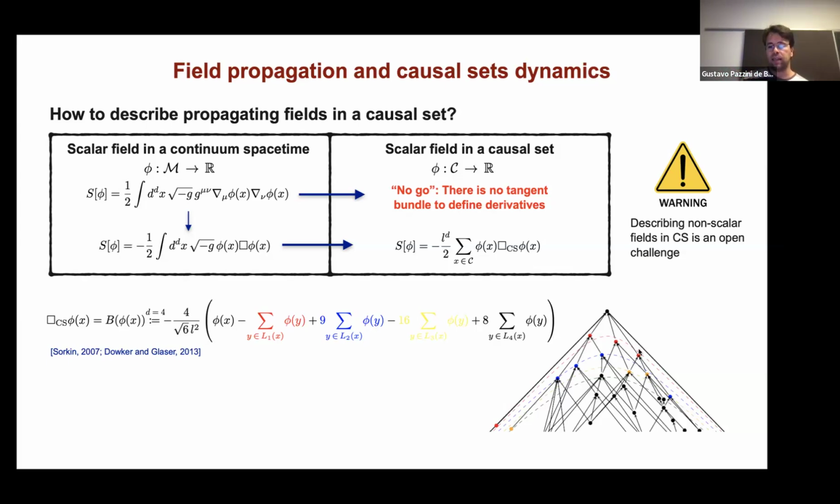Points in red correspond to the first layer, so they are essentially the set of first neighbors in a causal sense from the point X. Then blue corresponds to the second layer, so essentially the second neighbors in a causal sense. And then it goes on. In yellow I have the third neighbors, and in black again I have my fourth layer, which corresponds to fourth neighbors.